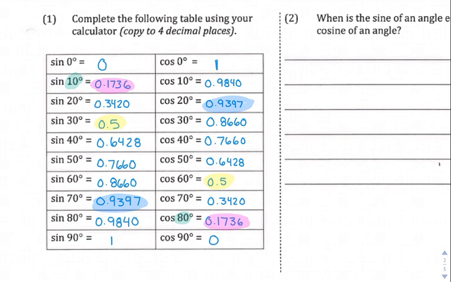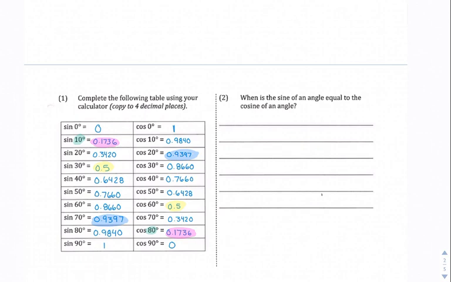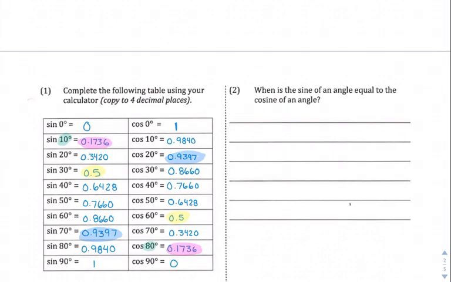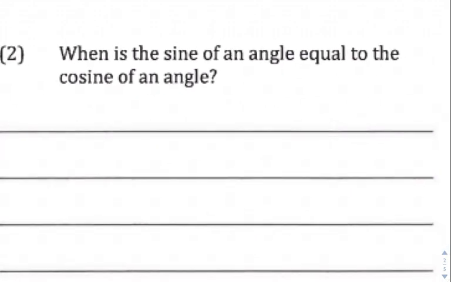So your rule is that the sine of an angle is equal to the cosine of the other angle when they add up to 90. The sine of 10 and the cosine of 80 are equal when 10 plus 80 gives you 90. So when is the sine of an angle equal to the cosine of an angle?